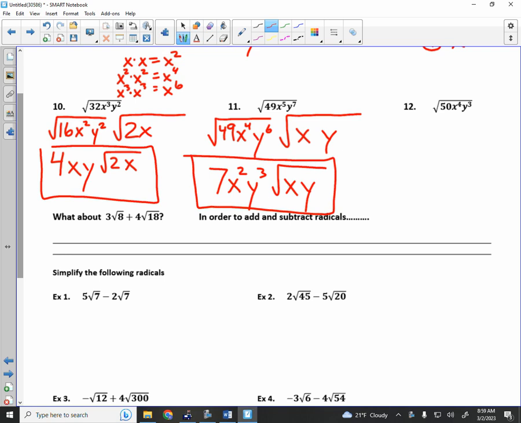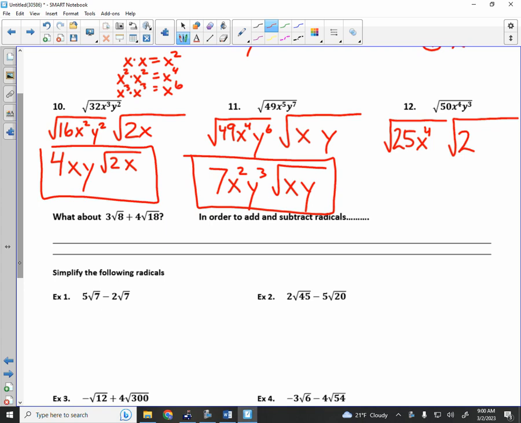And finally, our last one for today. 50 is not a perfect square. What's the perfect square that divides evenly into 50? So I have a 25 and I have a 2. Is x to the 4th a perfect square? Yep. Is y to the 3rd a perfect square?